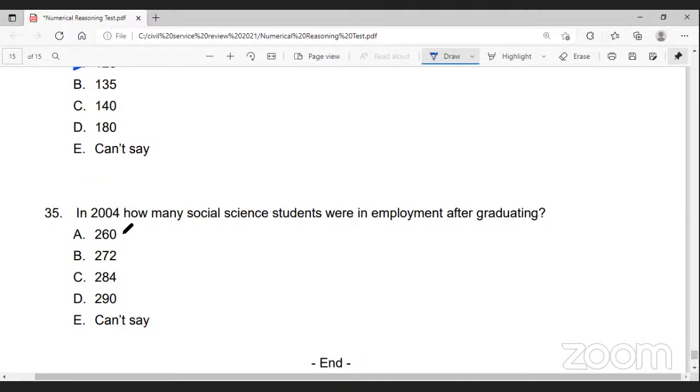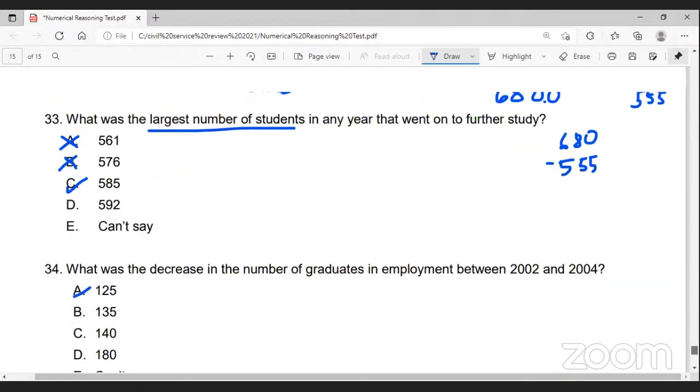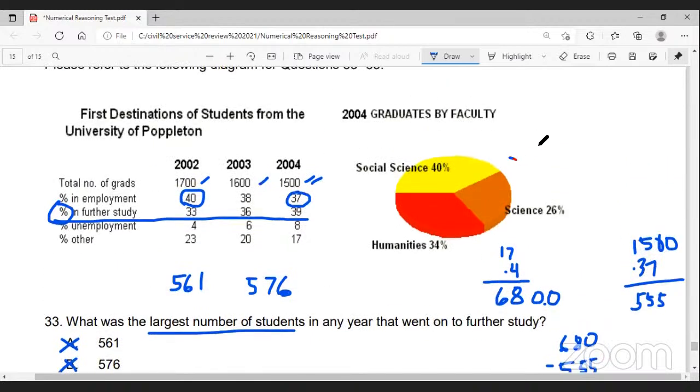Could you choose from among this numerical data, or will you answer can't say? I will just leave this problem to you for you to ponder what's your answer on that, if you are aided with this graph, this pie chart and this table.